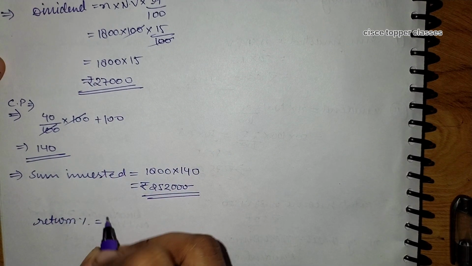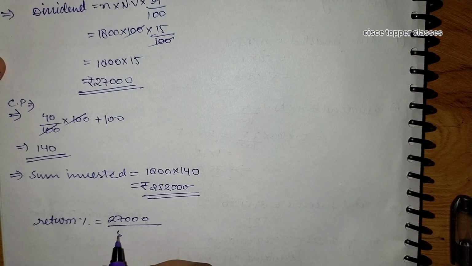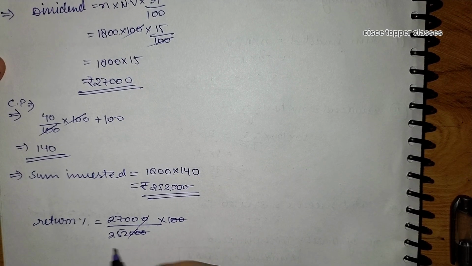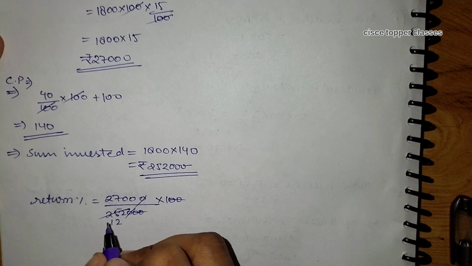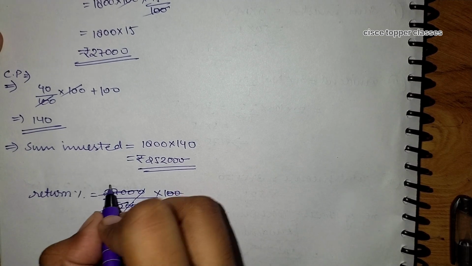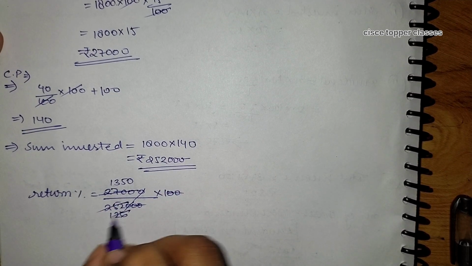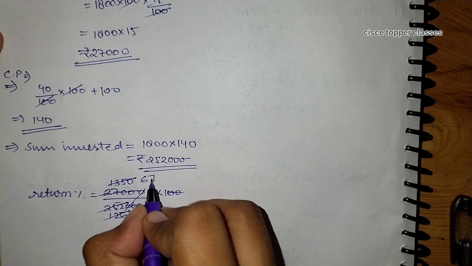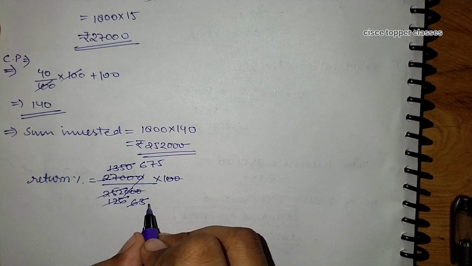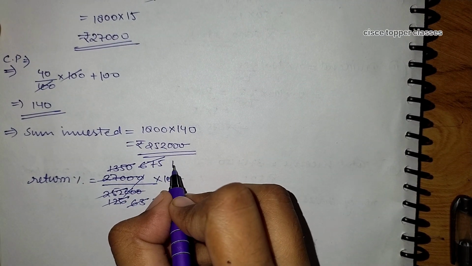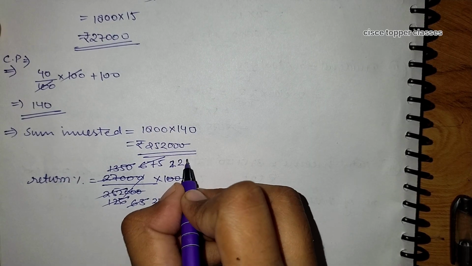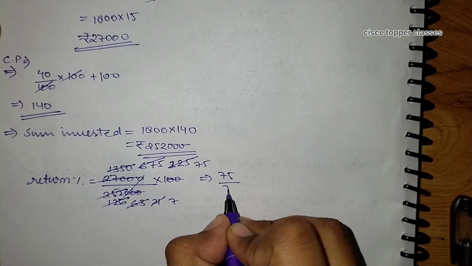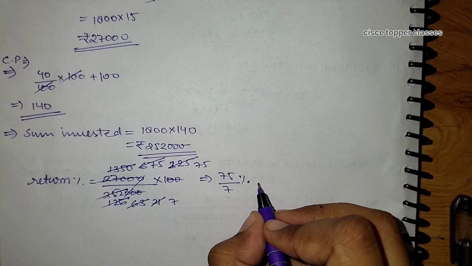So this will be annual income, means 27,000 divided by 252,000 into 100. So the zeros will be cancelled out here, and on solving this we will get 75 by 7%, which is the rate of return in this question.